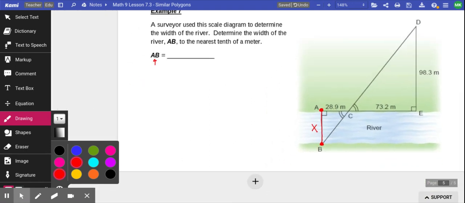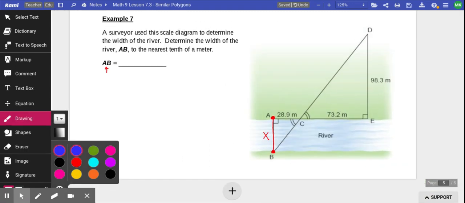The only way I'm going to be able to do this is with similar triangles, and I have to figure out which sides correspond to which sides. Looking at this, they've told you that this angle right here is the same as this angle right there, which means that whatever's across from those angles, 98.3 and X, are corresponding, and then whatever's right next to those angles, 73.2 and 28.9, are corresponding.